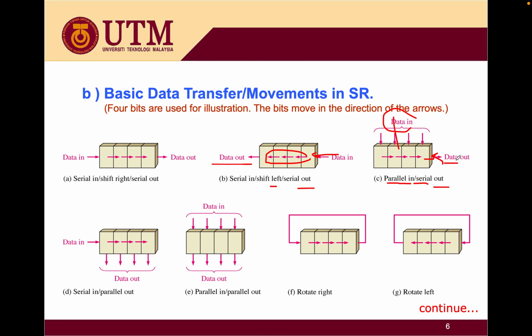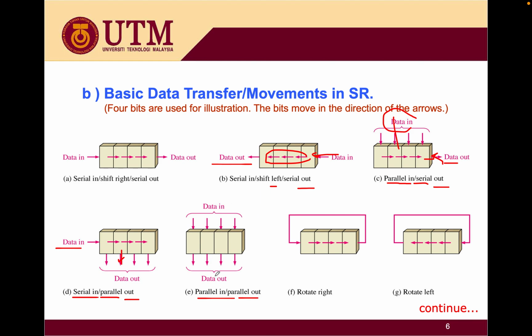And there is another: if you have serial in there and it goes down, it's called parallel out. And you also have parallel in, parallel out, from up to down.